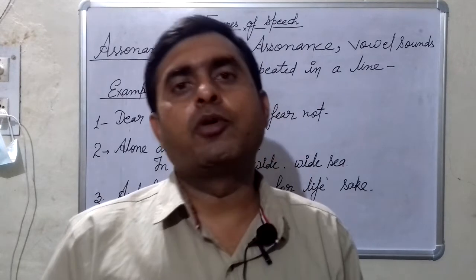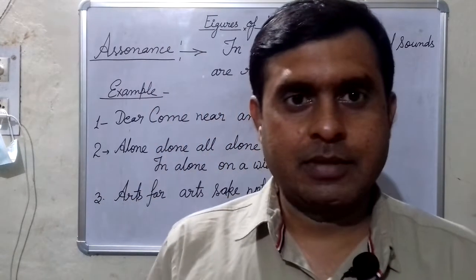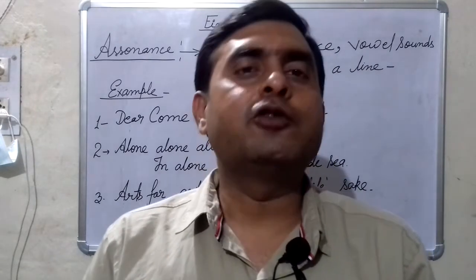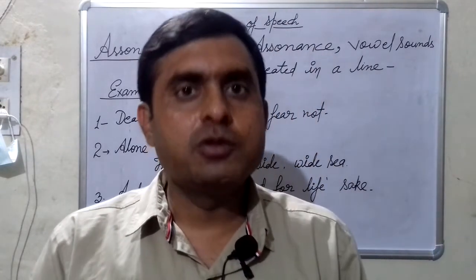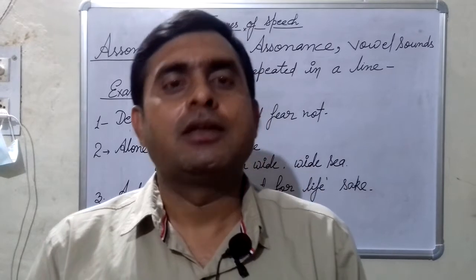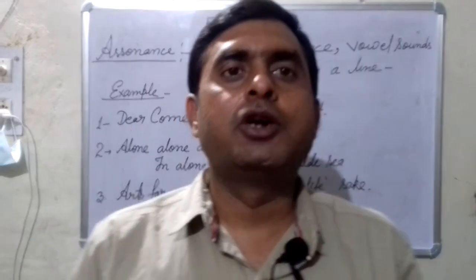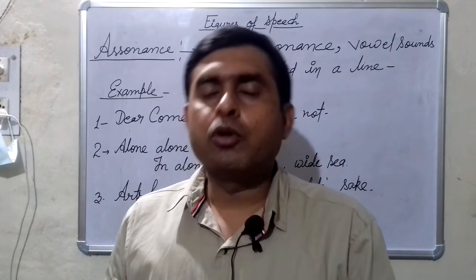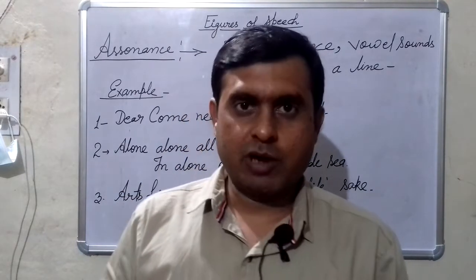It makes the poem beautiful, and it is the quality of the poet who masterly uses assonance in their poem to make the poem more lyrical, more beautiful, and more enjoyable.